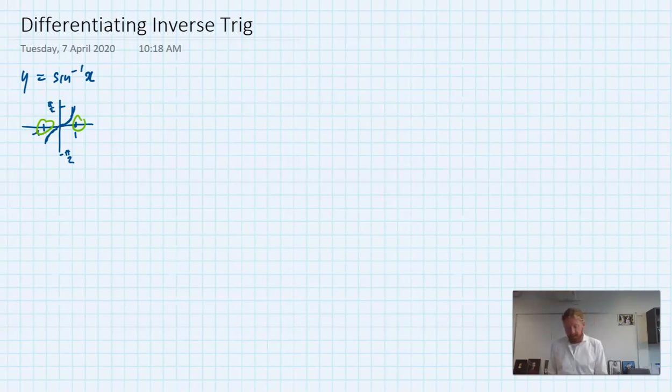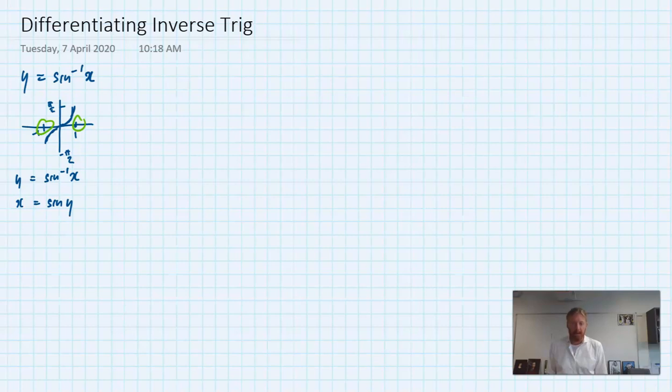So, how do I differentiate this guy? Well, I take y equals sine inverse x, and I obviously don't know what to do with that. So I rewrite it as x equals sine y.